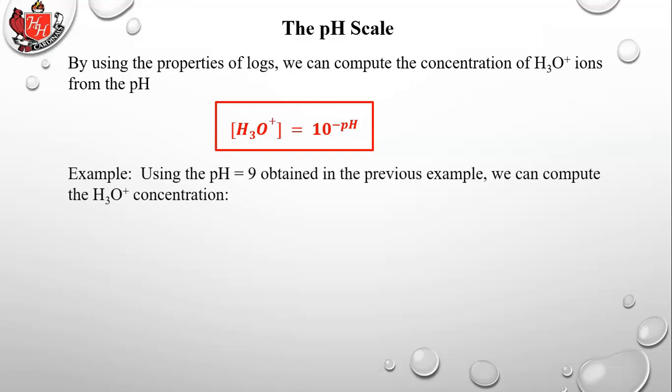So using the pH 9 obtained in the previous example, we can compute the hydronium ion concentration. So H3O plus equals 10 to the minus 9. You simply take the pH of 9, put it in the exponent, and that's how many moles of hydronium ions you would have per liter of solution. That's the hydronium plus the water together. It would be 10 to the negative 9th.